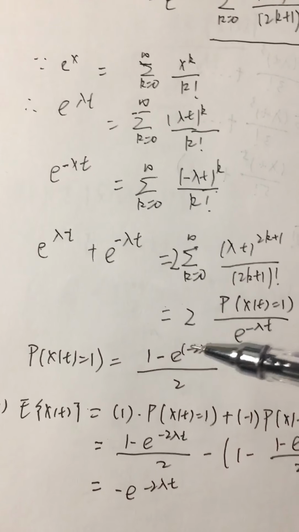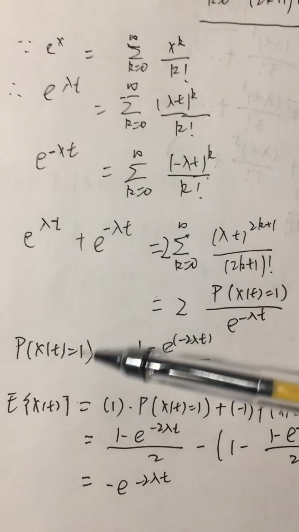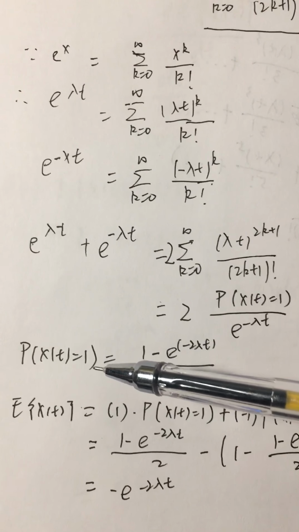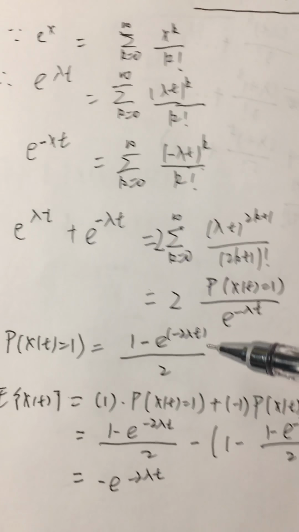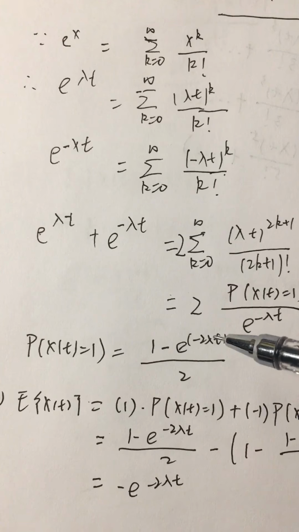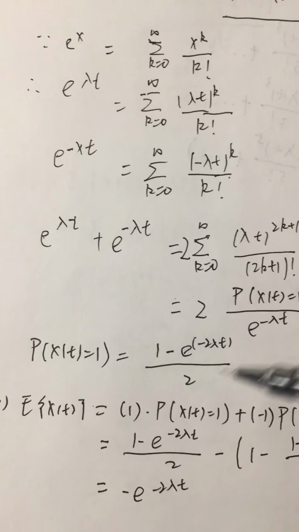So we know that the probability of X(t) equals 1 is (1 minus e to the power negative 2 lambda t) divided by 2.